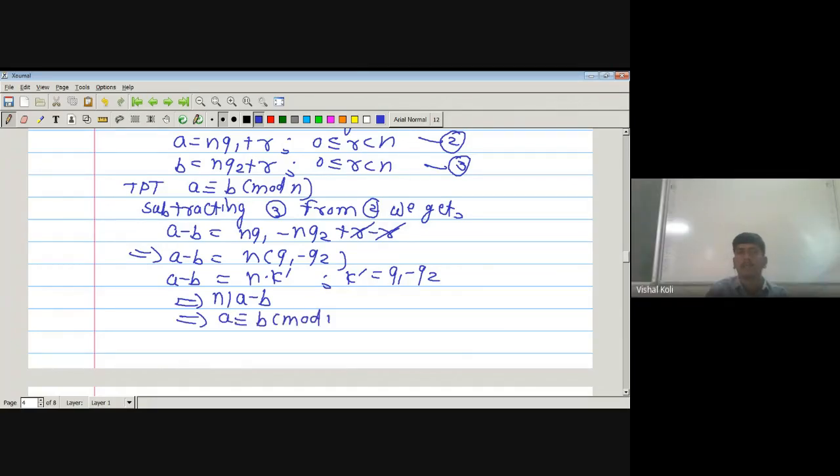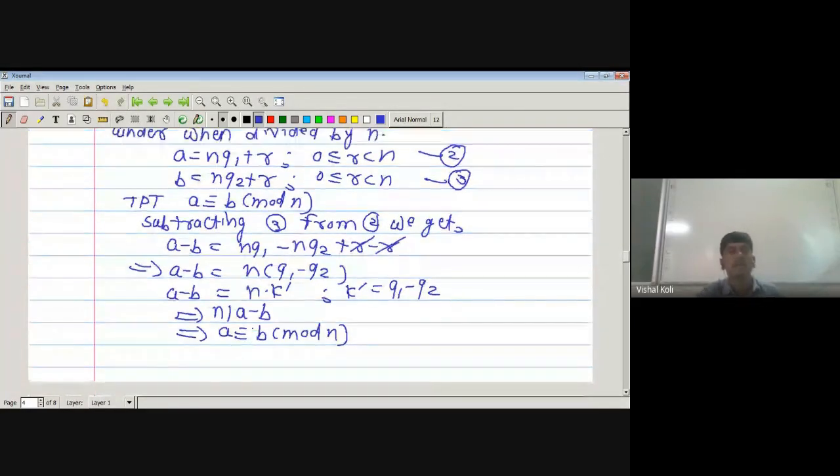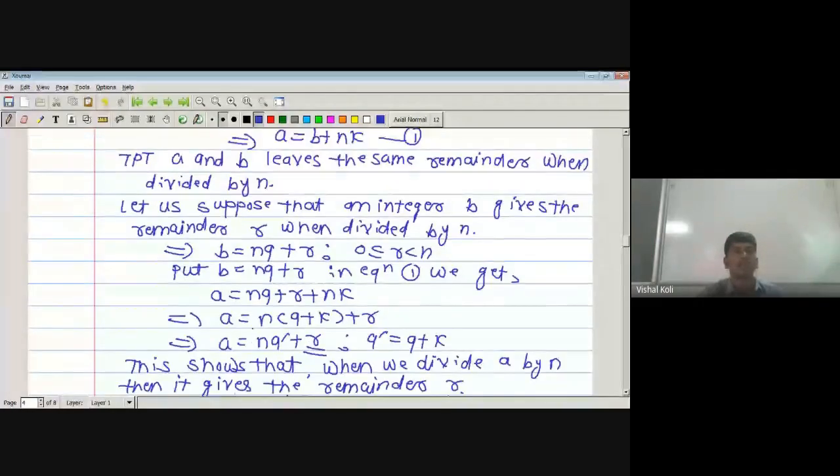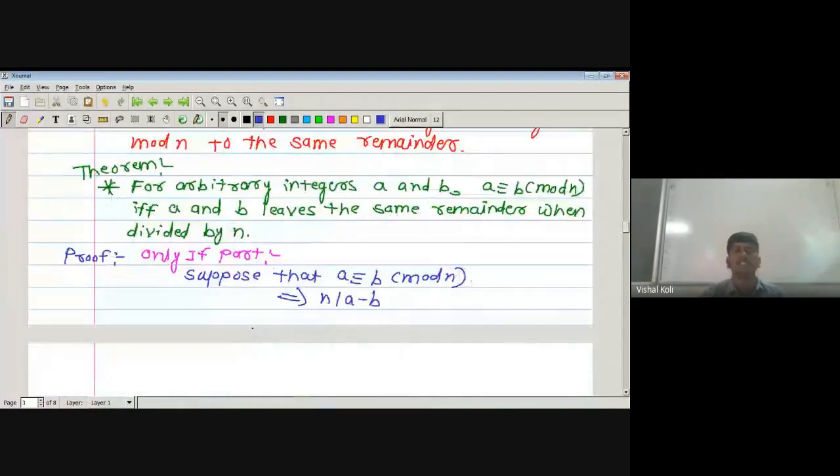So in second part, we have taken that A and B leave the same remainder when divided by n, and we have proved that A is congruent to B modulo n, and its converse part we have already proved in part 1. Therefore, we conclude that for any arbitrary integers A and B, A is congruent to B modulo n if and only if A and B leave the same remainder when divided by n.